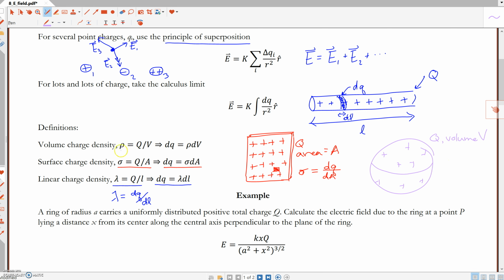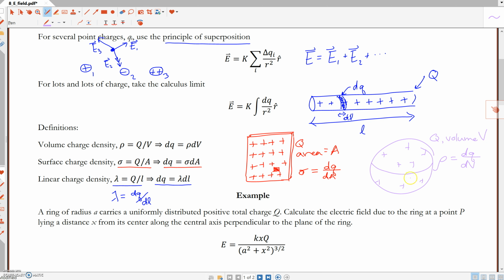The volume charge density, rho, Greek letter rho, is defined as the total charge divided by the total volume. Once again, I can, because it's proportional. The reason this all works is these are proportional to each other. The total charge divided by the total volume is equal to a little itty bitty bit of charge, dq, divided by a little itty bit of volume.